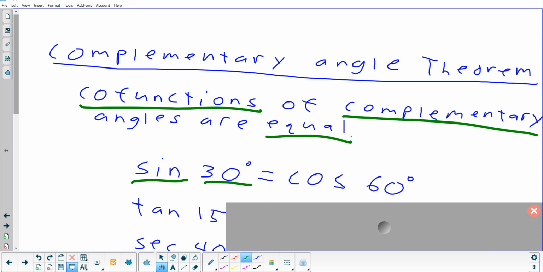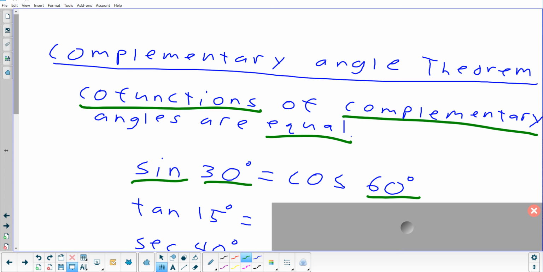How about this one? The tangent of 15. Don't care what it is. I just want to know what it's the same as. So think of the cofunction, and then think of the complement of 15. Would it be cotangent 30 degrees? Cotangent of how much? So complementary means these have to add up to what?